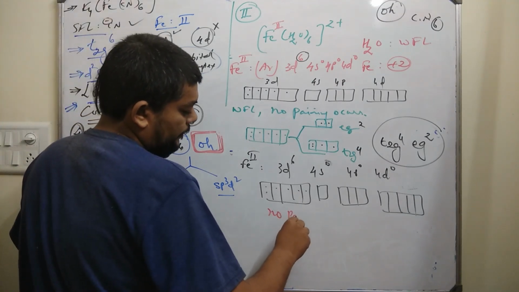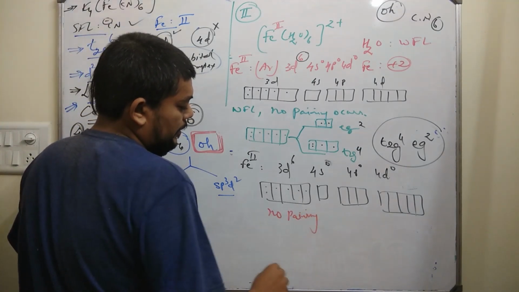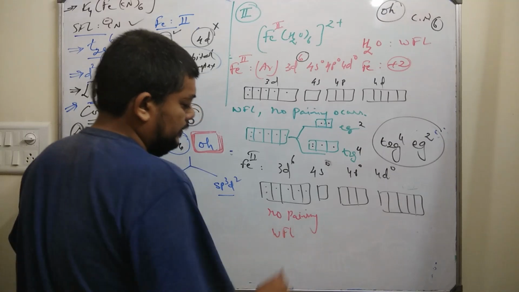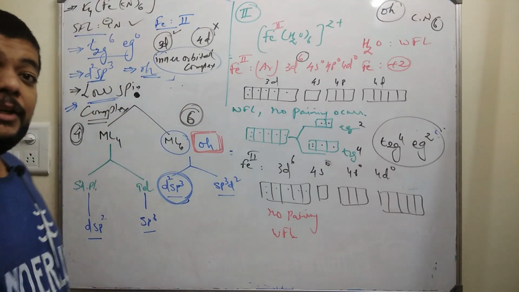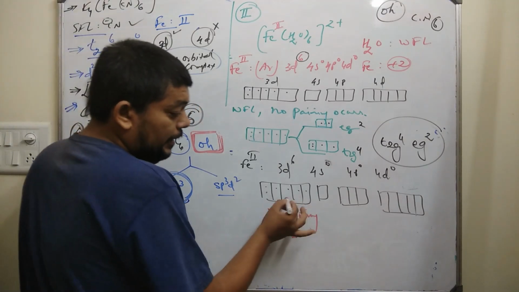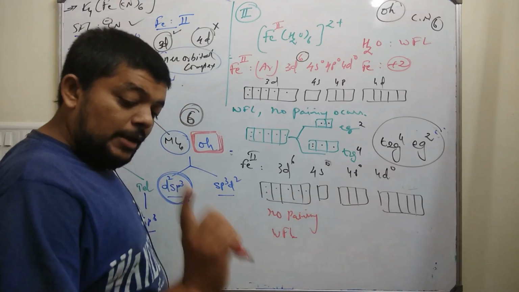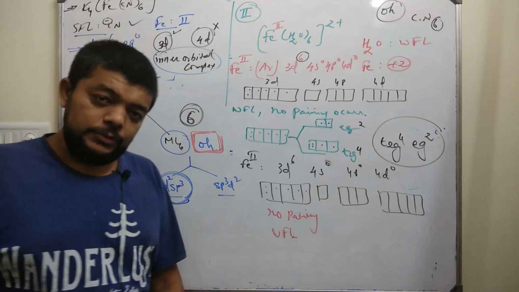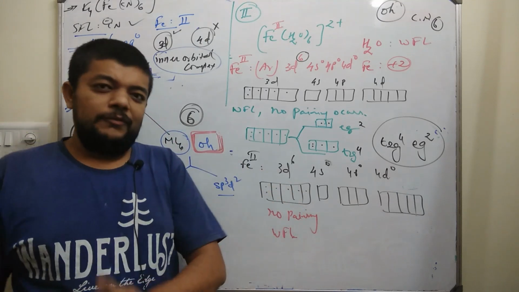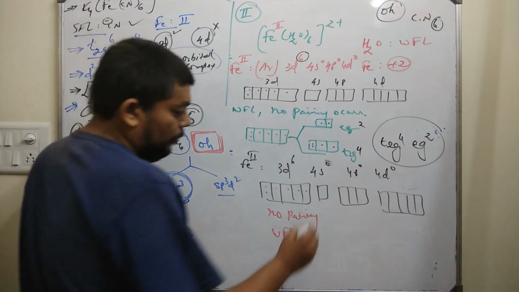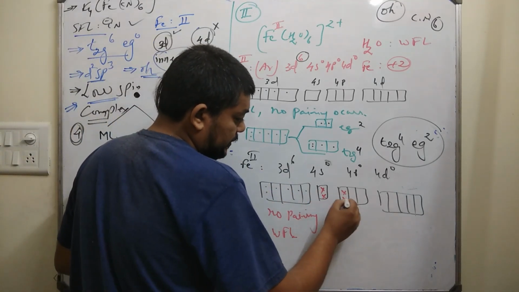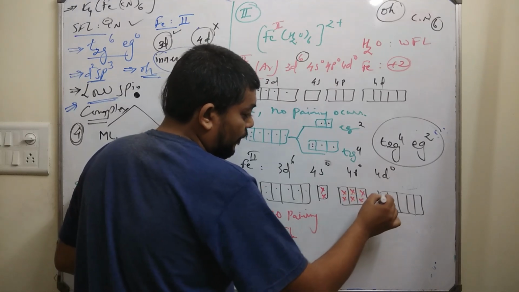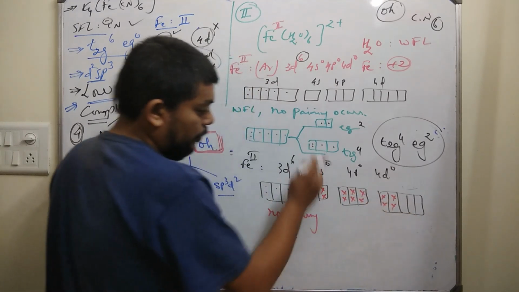No pairing because of weak field ligand. Now how many ligands do you have? 6. So they will not come and fill over here because an orbital has a maximum capacity of 2 and these 3 have 1 electron filled, so 2 more electrons cannot be accommodated. So electrons will start getting filled from this particular point.